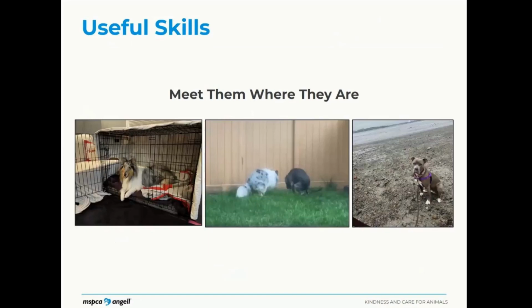That is not a skill that a dog is going to know naturally, nor is going to the bathroom outside or walking nicely or loosely on a leash. So these are all things that we need to make sure we're meeting these dogs where they are. So not expecting them to want to be closed into the crate initially, not expecting them to go to the bathroom outside, kind of expecting them to have accidents in the house, and also not expecting them to walk perfectly on a leash.